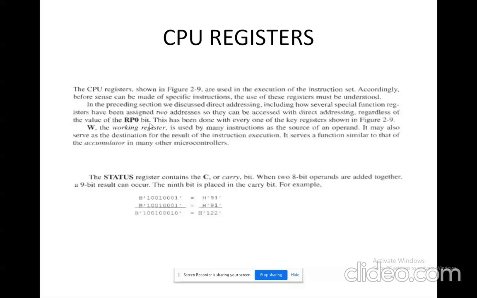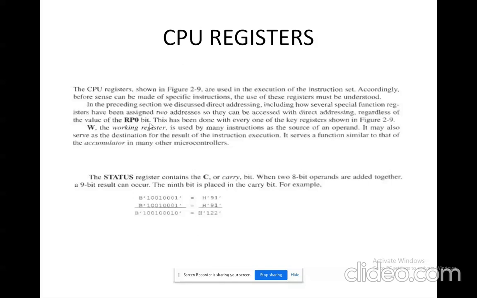In 8085 you will be using the instruction MOV A, B. In that, MOV is the mnemonic and A, B is the operand. A is the first operand, and the second operand is B. Likewise here, W will act as a source of operand.